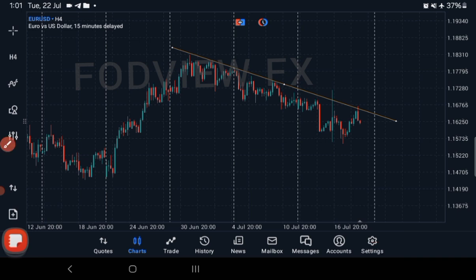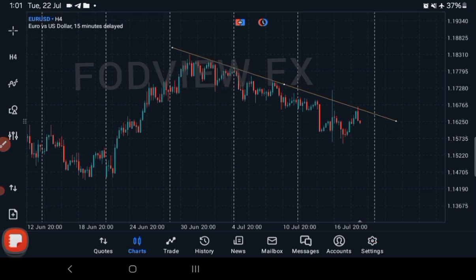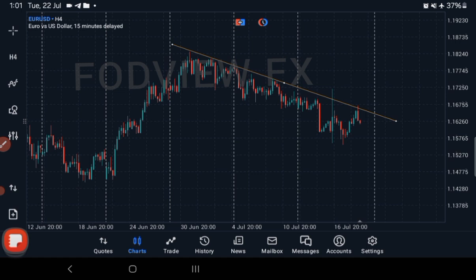It simply helps you identify trend and get a smarter deal. Now this is a simple way of placing a trend line. Very easy and simple. It helps you to make a smart decision.